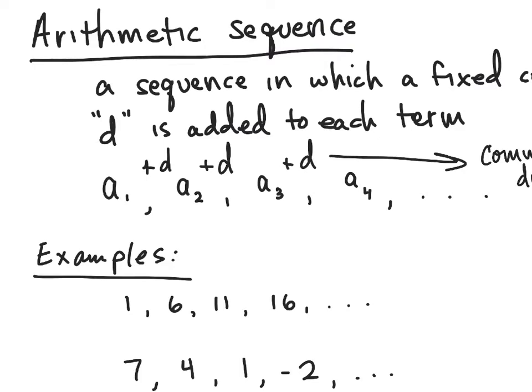So this sequence here, 1, 6, 11, 16, this is arithmetic. And we would say the common difference is 5.